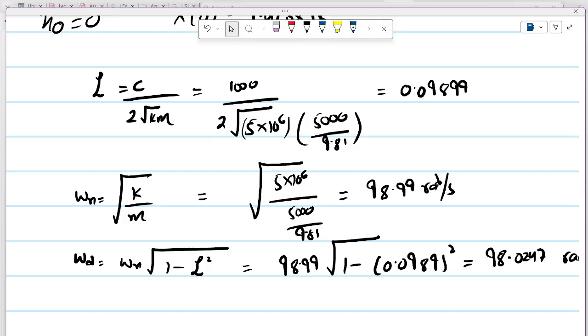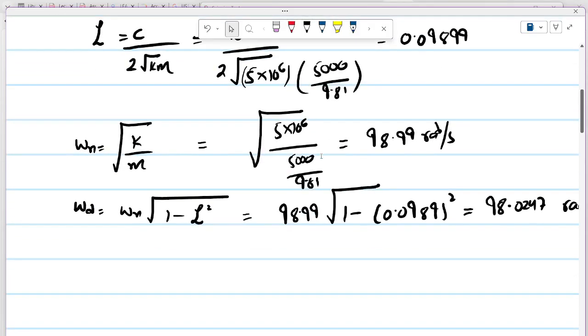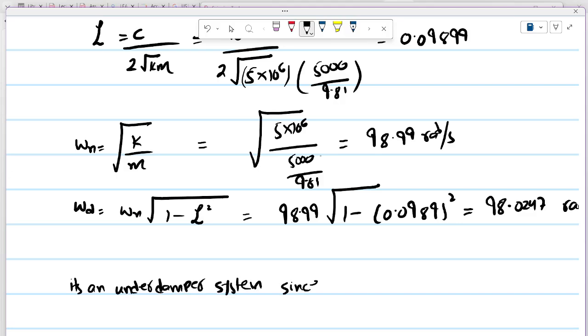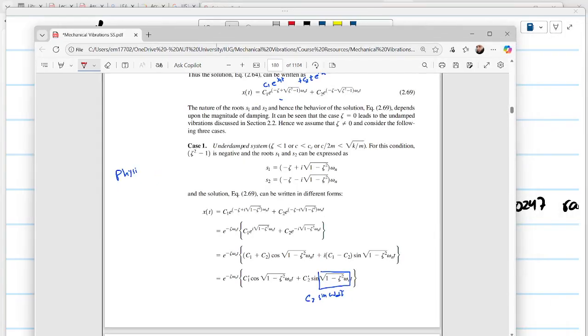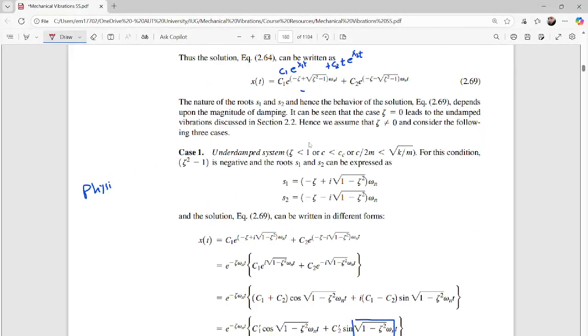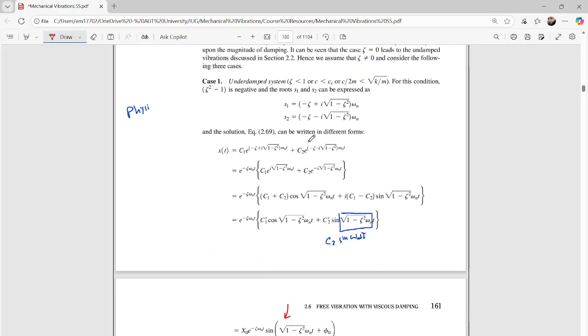Because our damping ratio, this damping coefficient, is less than 1, it is a case of an underdamped system. Since this damping coefficient is less than 1, we can directly use this solution we have seen earlier.